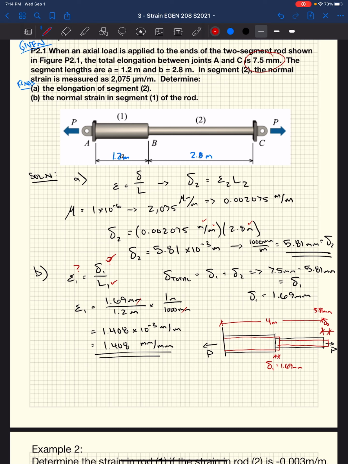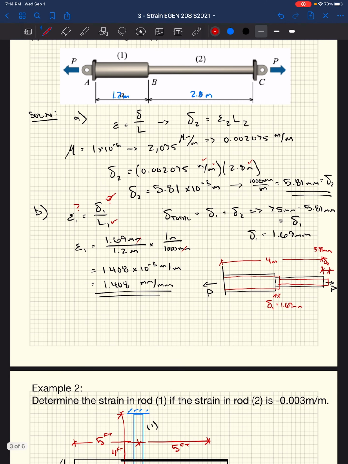So under that given load, segment 1 deflected less than segment 2. And as we're discussing, we'll talk further about Poisson's ratio. As we elongated these rods, those rods would then effectively get smaller in the transverse direction.